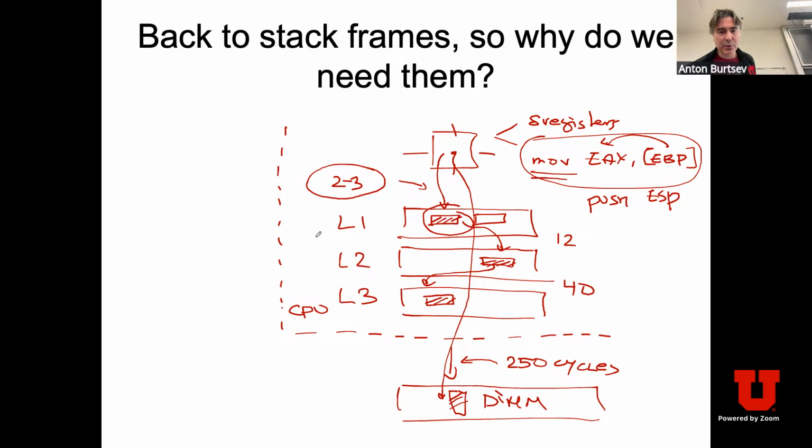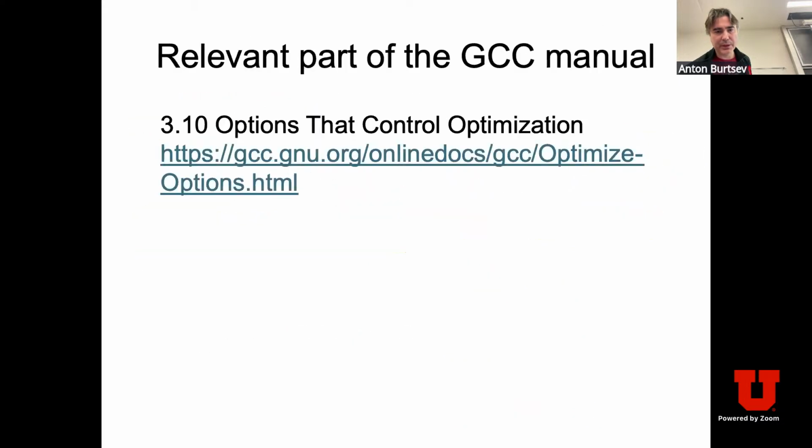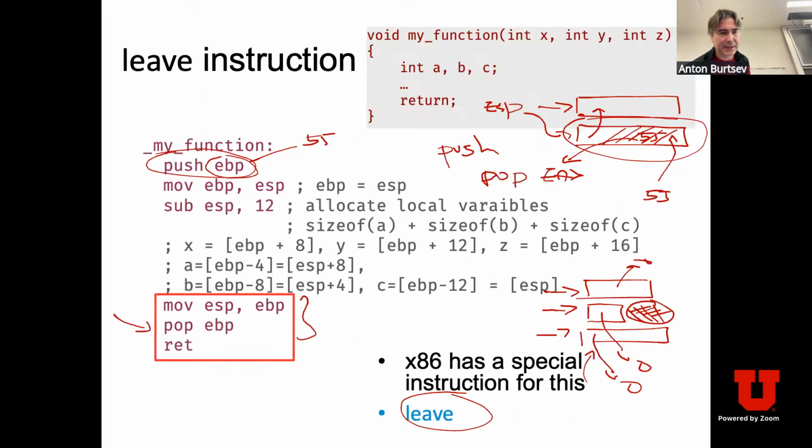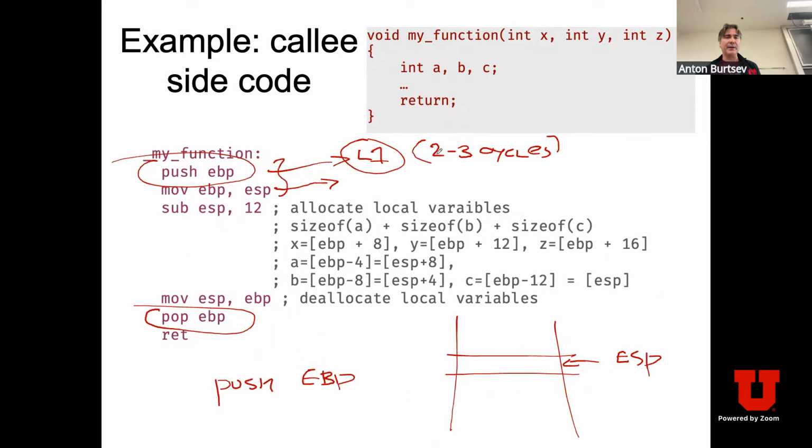It's nice to think about it. Okay, back to those cycles, just to make sure we know what we are saving. So we were counting. This first instruction is 2 to 3 cycles.